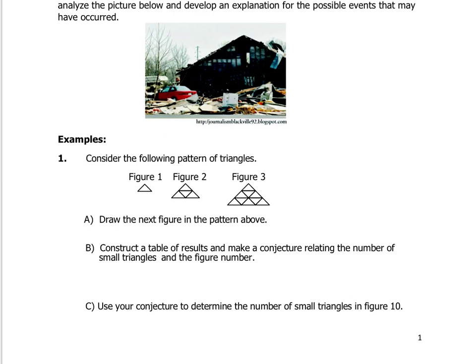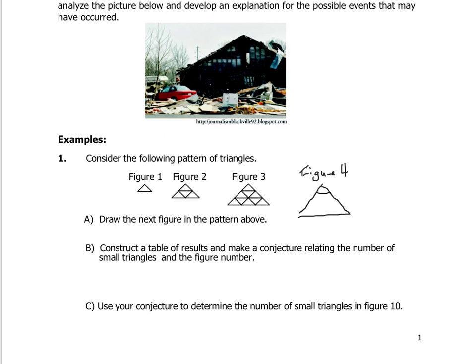The next figure, based on the pattern we see so far, would more than likely have 4 rows of triangles making the big triangle.